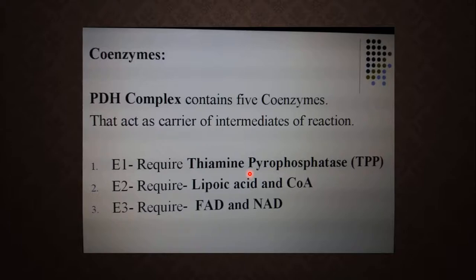Now, this complex is very important from the examination point of view and to understand the further proceeding of the TCA cycle. Coming back, I'm talking of the conversion of pyruvate to acetyl-CoA, and there I was telling you about the involvement of a number of enzymes.